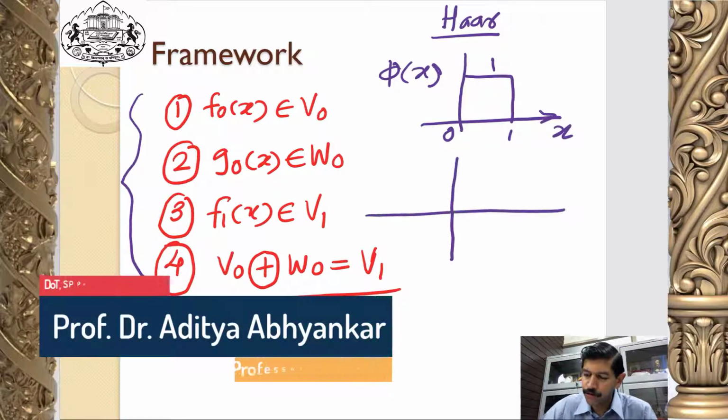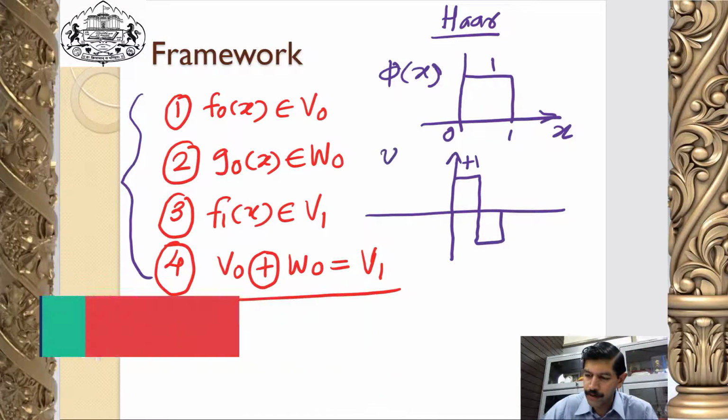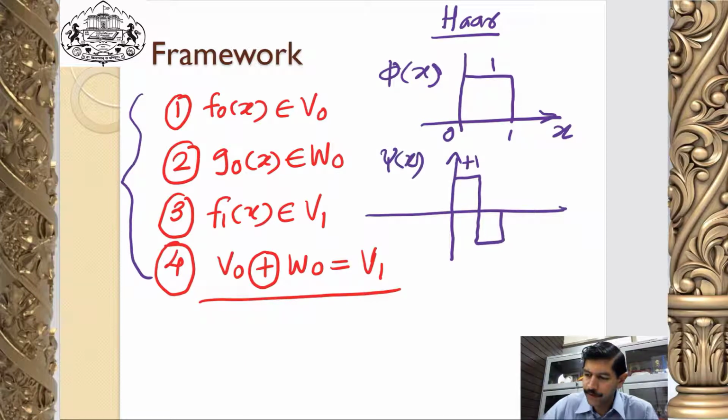And we also know how psi typically looks. So it looks like this. It will be plus 1. So this is my psi of x. For values of x between 0 and half, it will be plus 1, and between half and 1, it will be minus 1. So this is the nature of phi and psi filters.